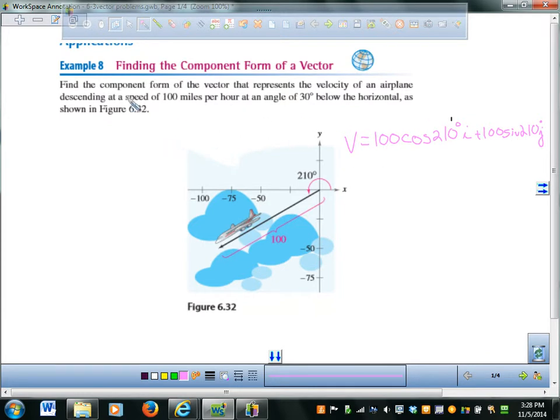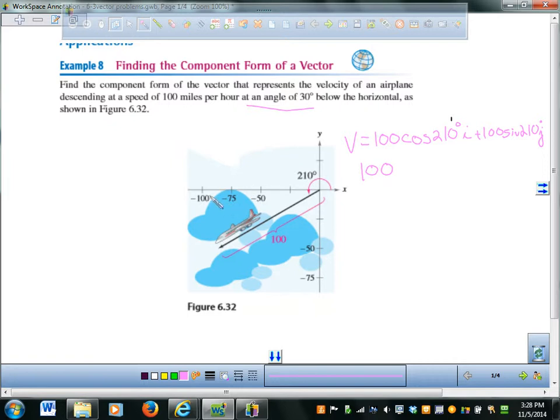So then it says for this problem an angle of 30 degrees, which means that it's descending at a speed where this angle here is 30 degrees, but that means from horizontal it's 210 degrees. So to put this into component form, and in this case they're calling component form ij form, all you have to do is figure out what the cosine of 210 is.